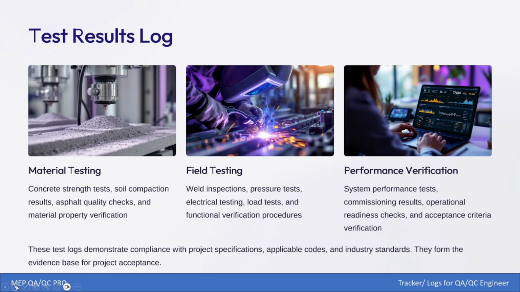So you'll understand that this equipment has gone through tests, which are part of your log, so that you can demonstrate to your consultant that this equipment has already been tested internally with the supplier or manufacturer, so that the system has no defect. So this is why we make test result logs.